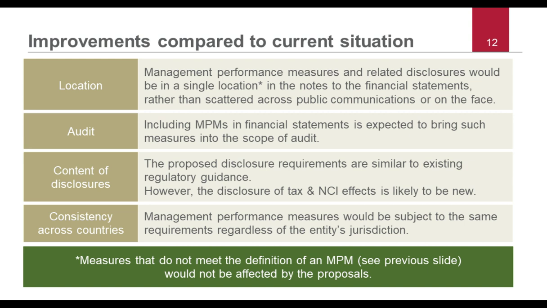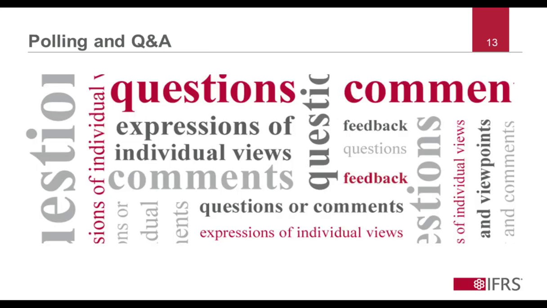But we also often get questions about other types of measures such as ratios or balance sheet measures. Those were excluded partly also because there would be a need to provide a different set of disclosure requirements around those measures, and that would have taken more time. And being outside the scope of the project, it was felt it was better to move forward with being focused on where this project is focused today.